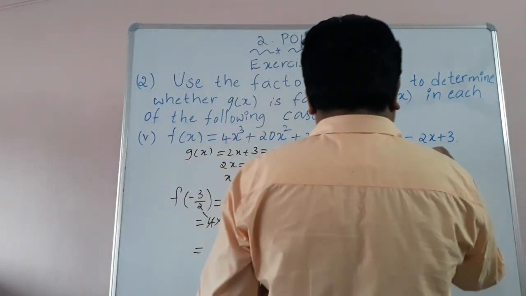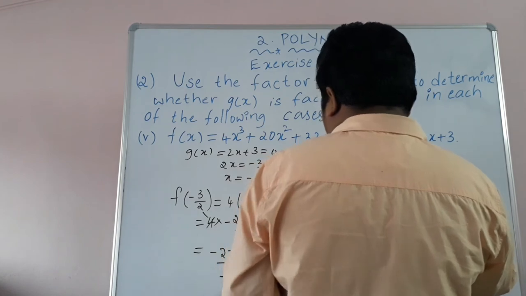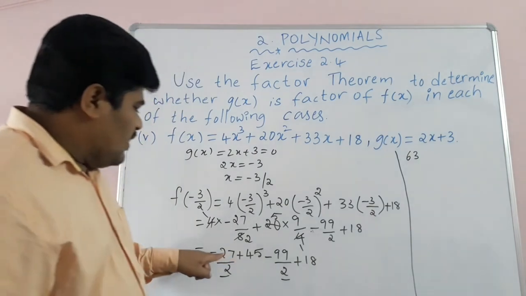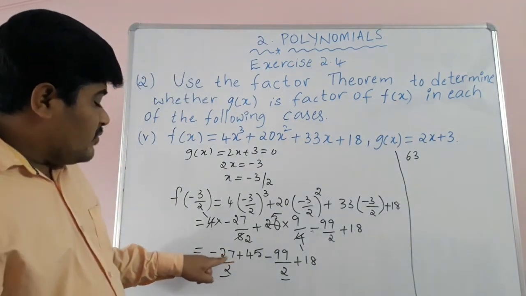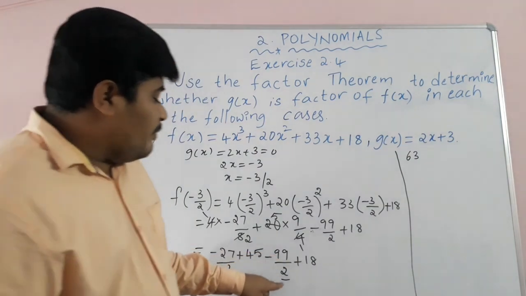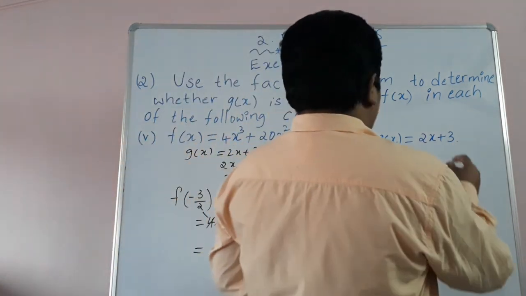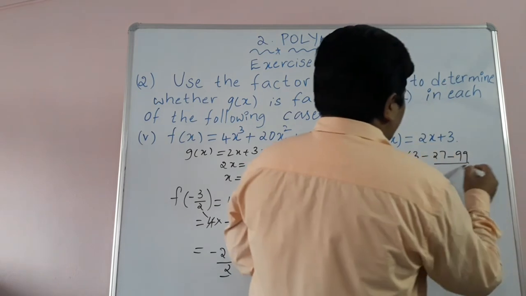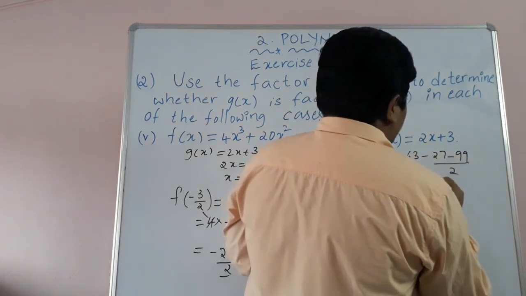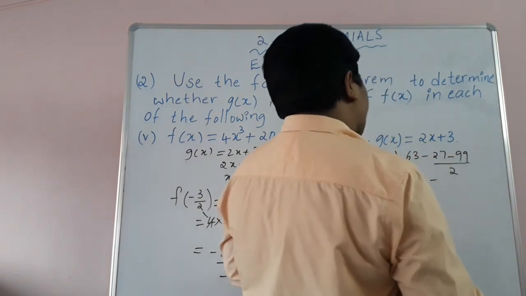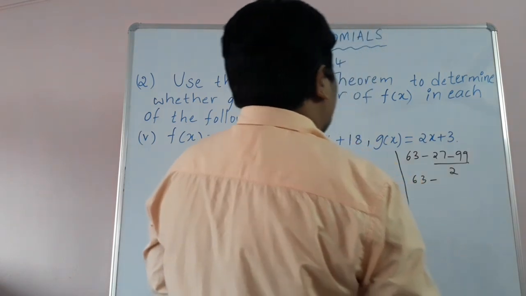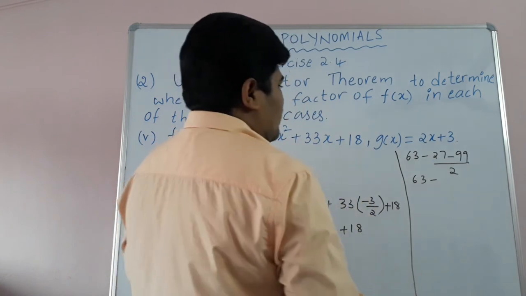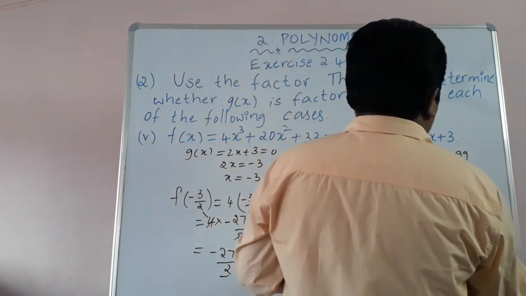So 45 plus 18, two positive numbers, is 63. Again, minus 27 by 2 minus 99 by 2 are like fractions, so you can write it as minus 27 minus 99 by 2. Two negatives there, so you can add them: minus 27 minus 99 is minus 126 by 2.